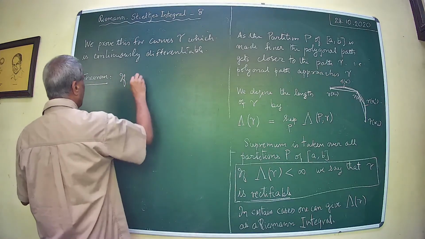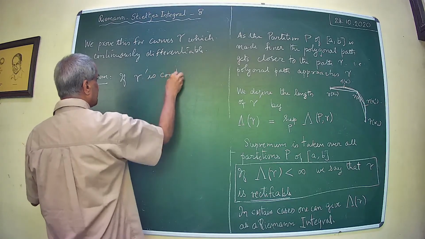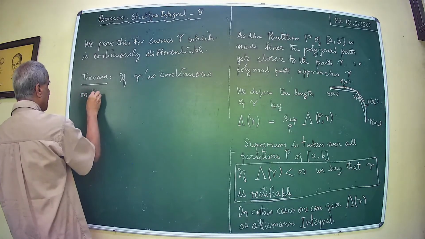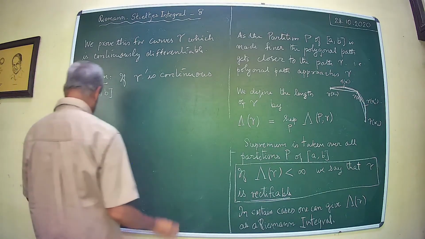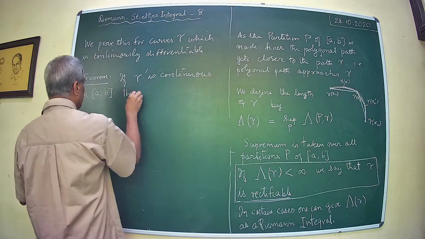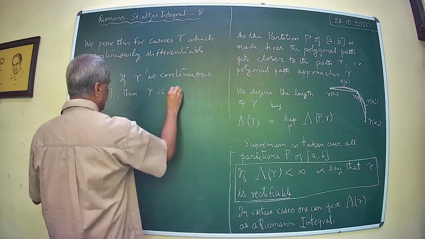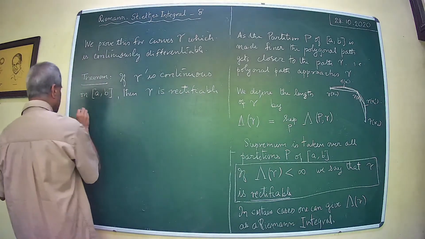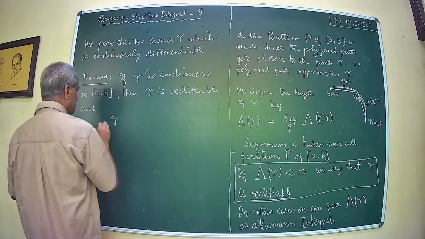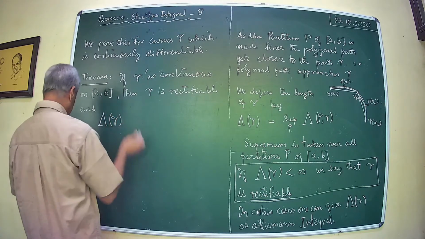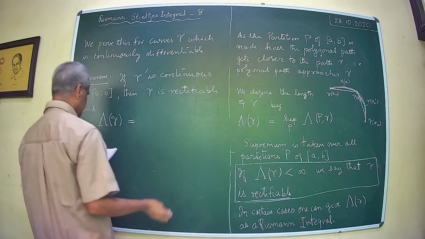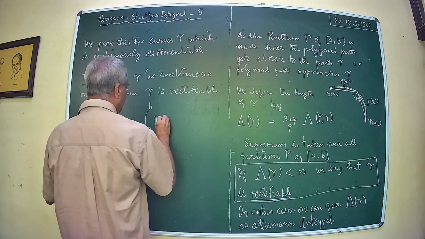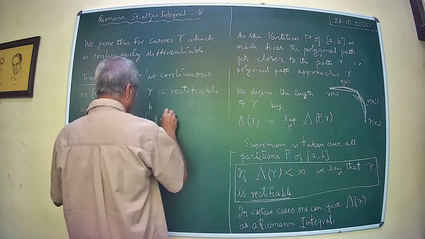If gamma prime is continuous on AB, then gamma is rectifiable and lambda gamma is equal to the integral from A to B of the norm of gamma prime T.